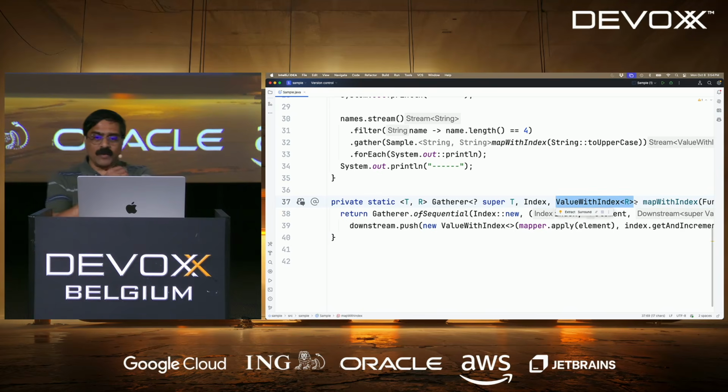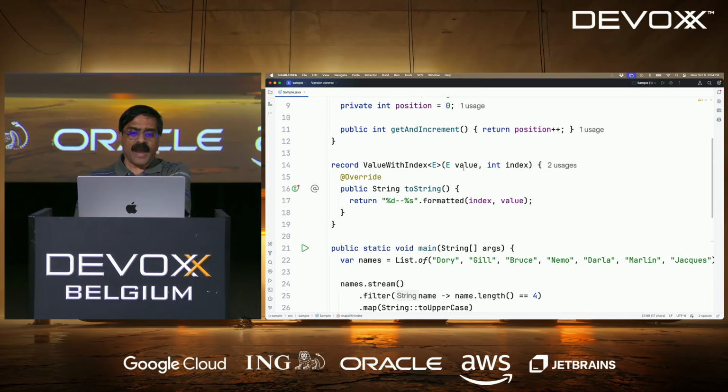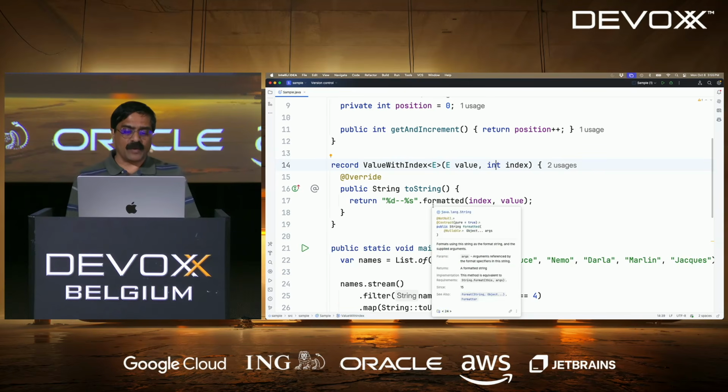In our case, we are doing a value with index. So the record, as you can see, thankfully, has only immutable values, right? So it's got a value for the element, whatever that element is. You got to make sure it's immutable. And the index is an integer, so that's pretty safe. And we're just printing out the results. That's all we are doing.